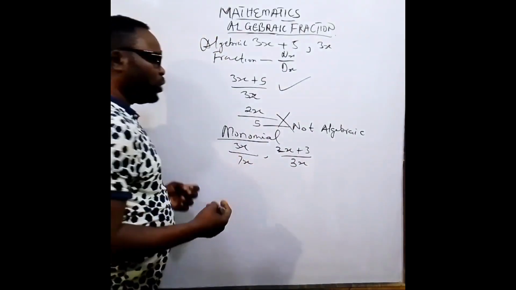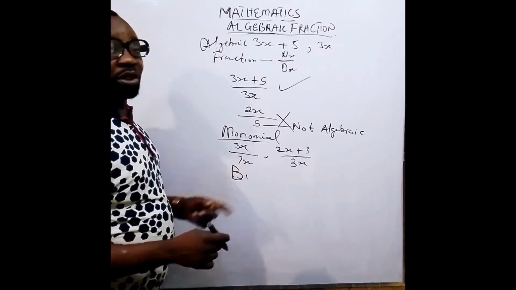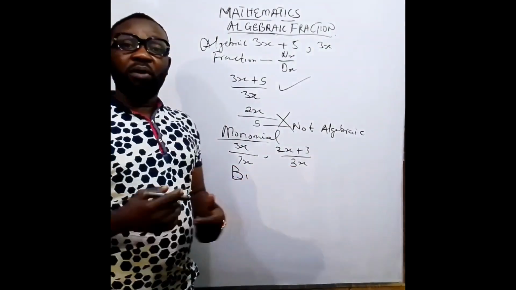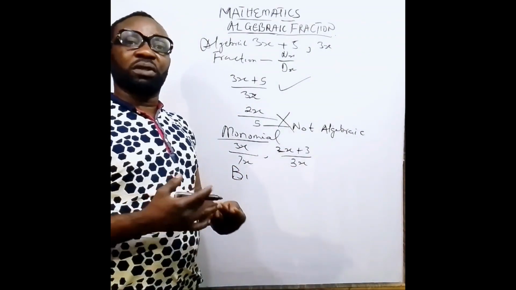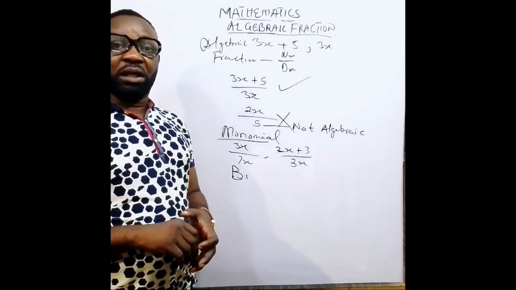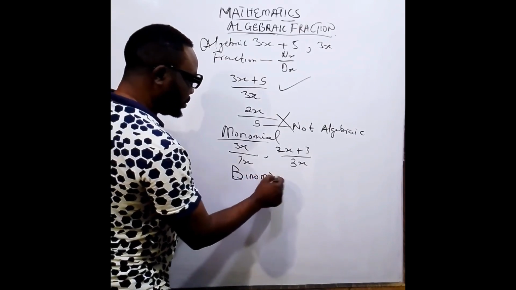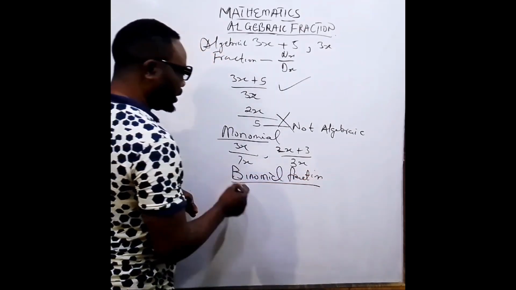Now, if we have an expression at the denominator whereby the value there has more than one term, then we call such a fraction a binomial fraction. We have examples of it.